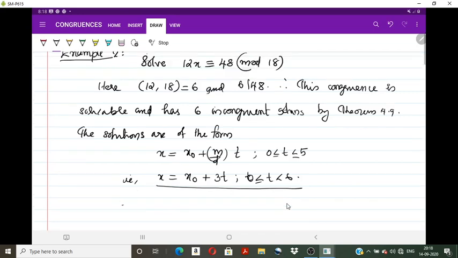We have the congruence 12x congruent to 48 modulo 18. So when we take x as 1, 12 minus 48 will come, so it is minus 36. Minus 36 is 18 into 2, so it is divisible.